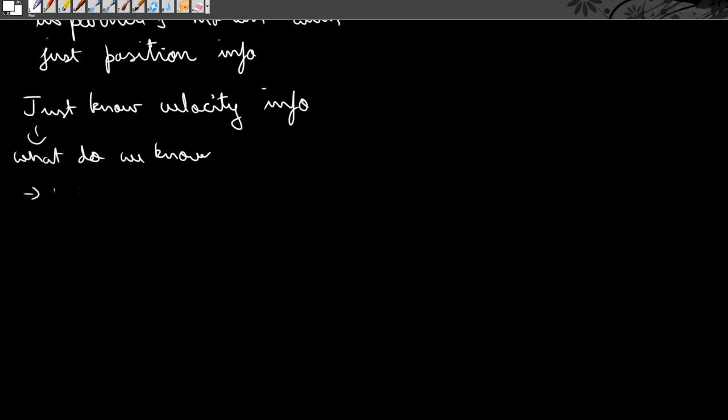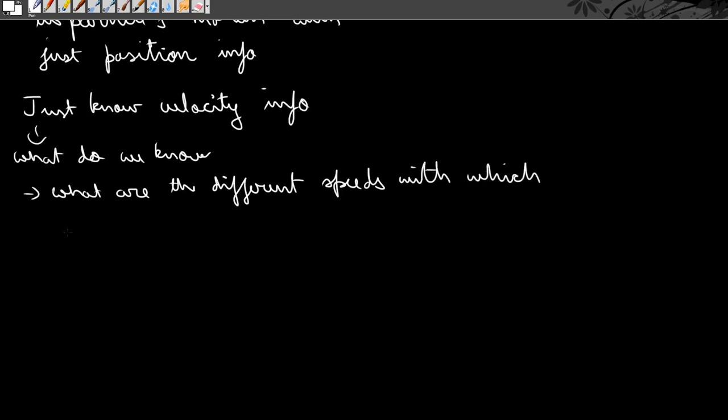So it just says, in this case in one dimension, what are the different speeds with which the particle was moving. Okay, so if I had to represent this diagrammatically as before, how would I represent it?